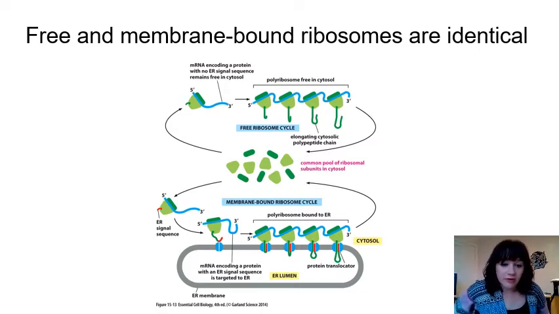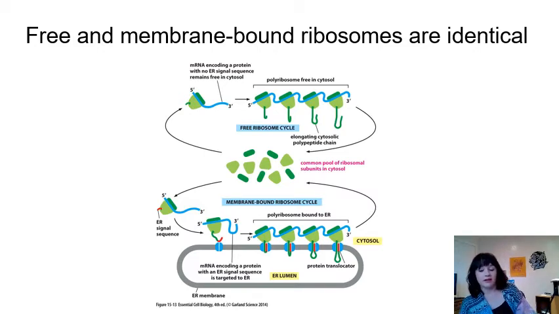However, on the lower left, you can see that there's a messenger RNA, and as that protein is starting to be made by the ribosome, it makes the signal sequence that tells that protein that it needs to go to the ER. And so the ribosome says, oh, wait a minute, we are in the wrong spot. It pauses making that protein. The ribosome travels with its messenger RNA to the endoplasmic reticulum and docks at the surface of the ER.